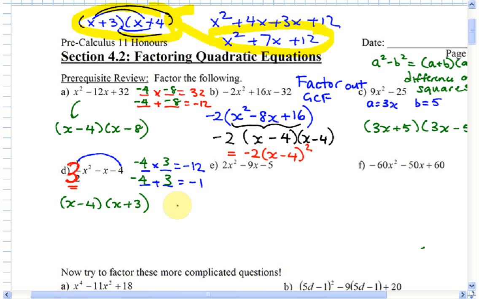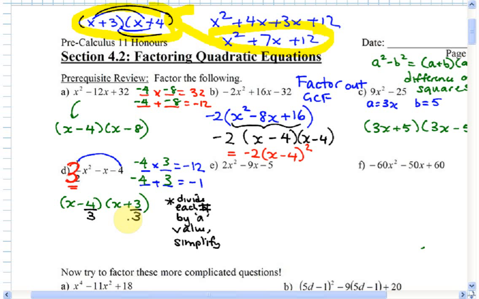Okay? Now with choose method, this is where you have to do a little bit extra. I want you to take each number and divide each number by that a value, which is the 3. Okay? And then I want you to simplify. So the key step with choose method says, let's take each of these numbers, the 4 and the 3, and divide all of them by 3.